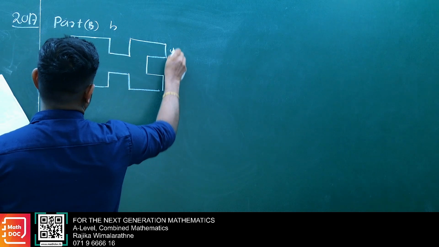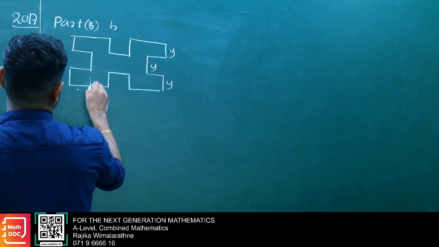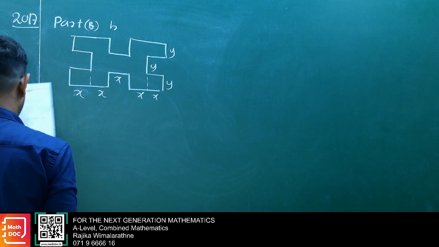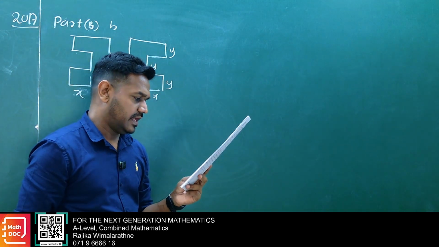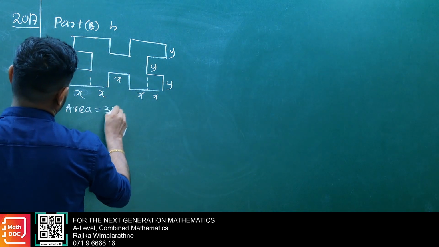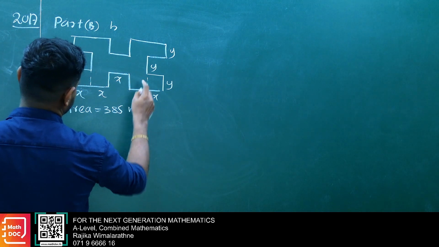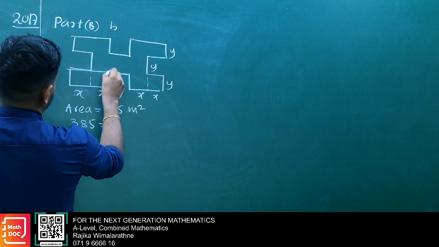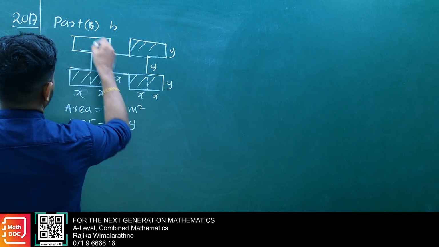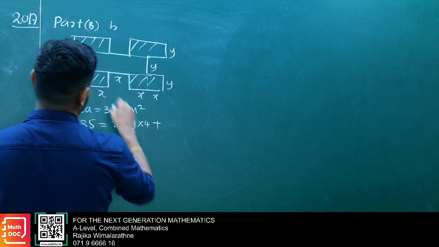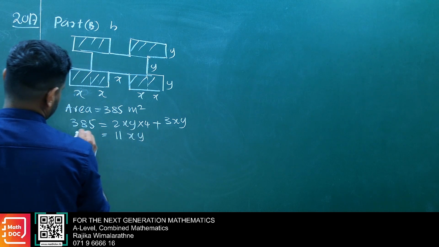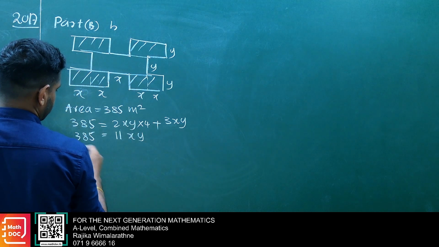Here it is y, x, x, x. Area 385 square meters, then 385 equals 2xy plus 3xy, so 11xy. 385, then it is divisible by 11, no?